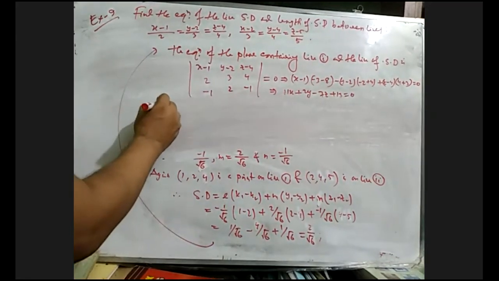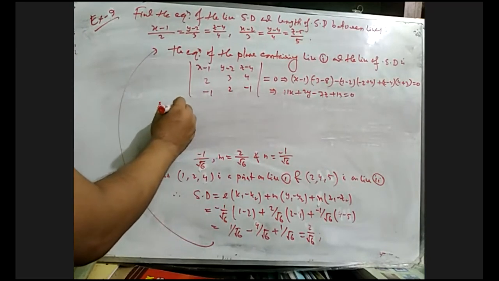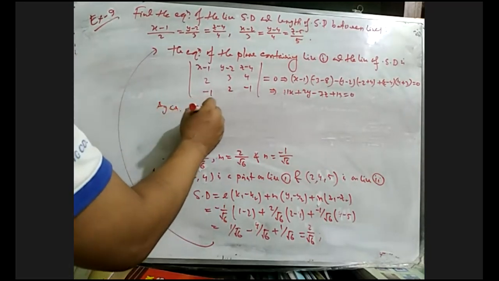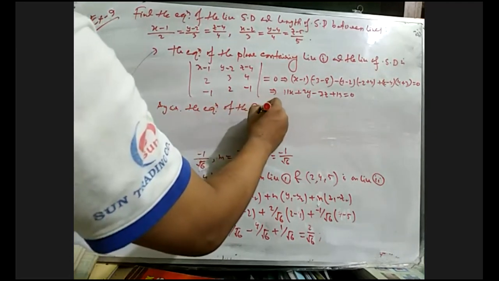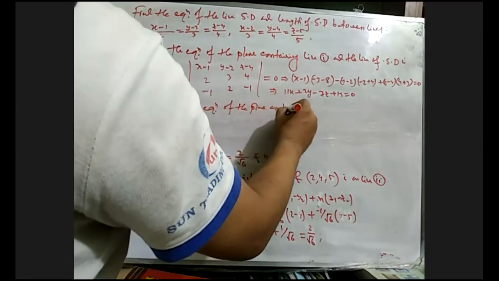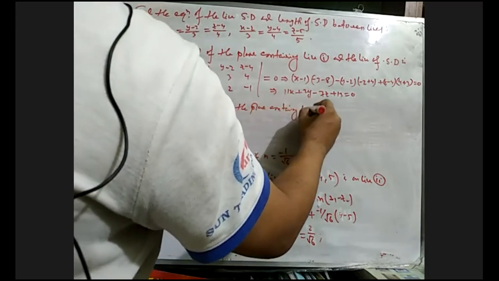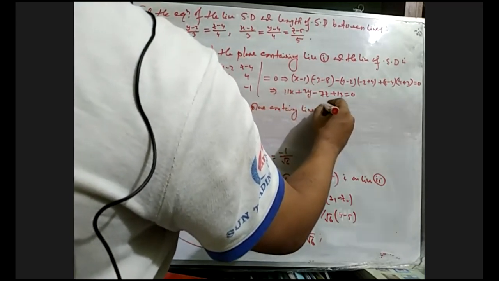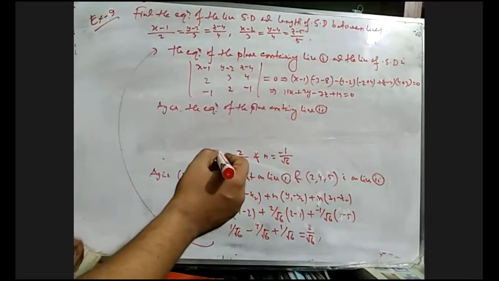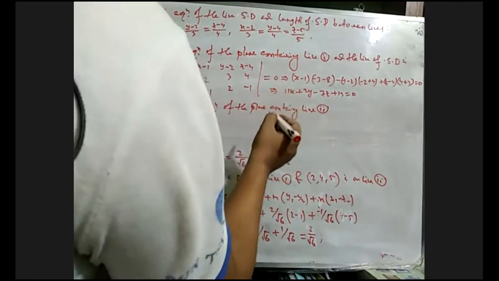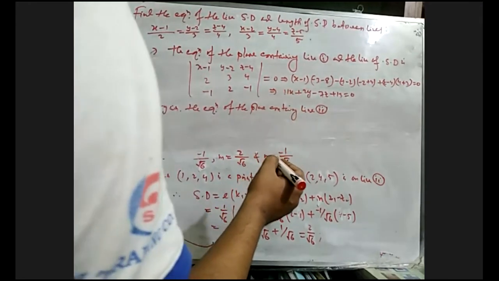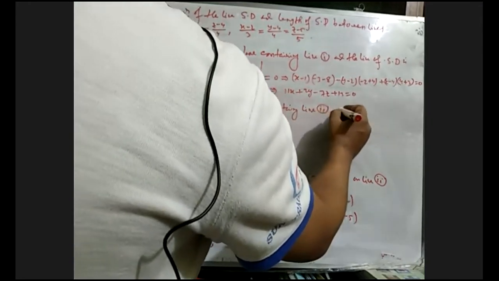And again, the equation of the plane containing line 2 and the line of shortest distance. A similar example we have done in our earlier classes.